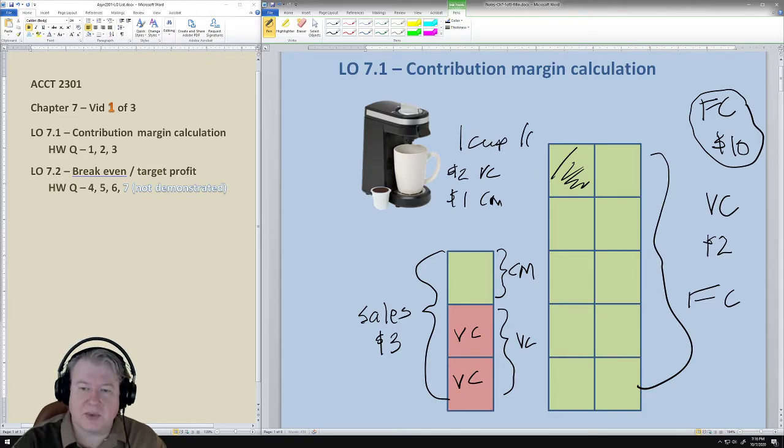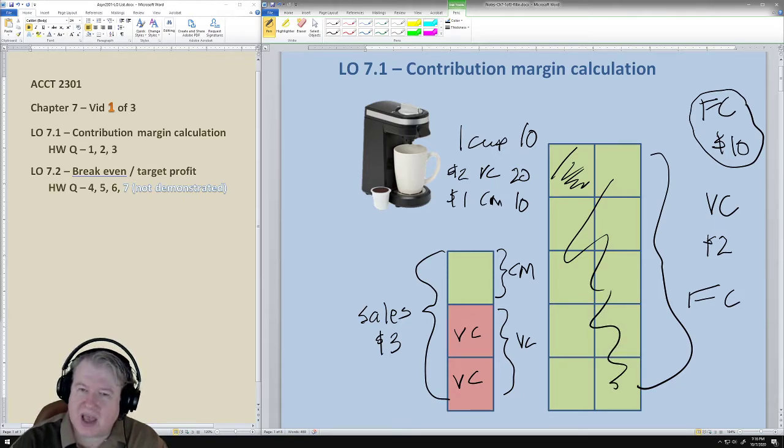When I sell 10 cups of coffee, I'm going to end up spending $20 on the bunch of K-cups, and I'm going to have $10 left over, and that's going to cover all of this. So that is kind of the first step to realize: the contribution margin first contributes towards the fixed cost. Now on cup number 11, let's look at cup number 11.